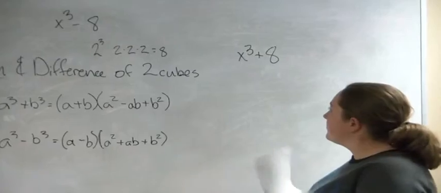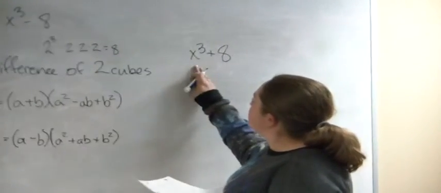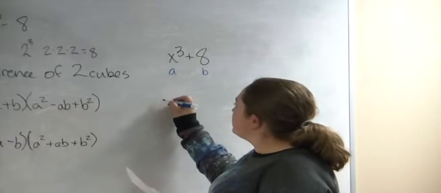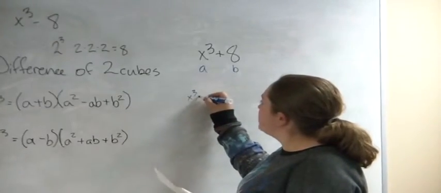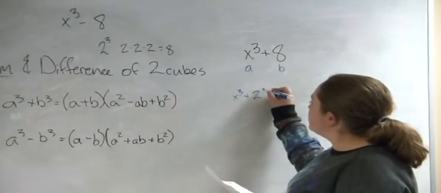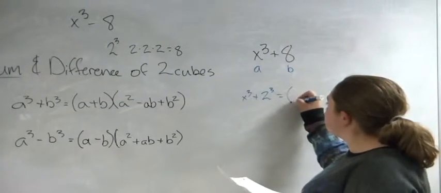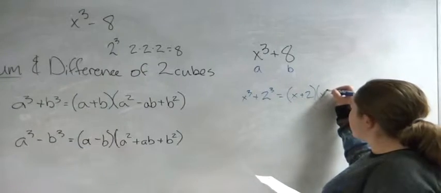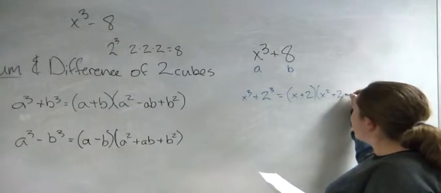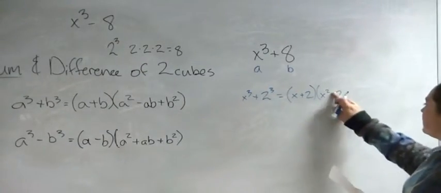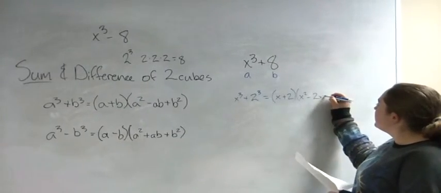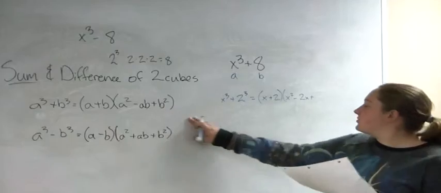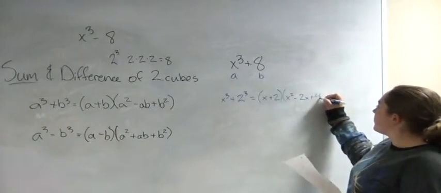So, since we have, this is a and this is b, so we have x cubed plus 2 cubed is equal to x plus 2 times x squared minus 2x plus b squared, and 2 squared is 4.